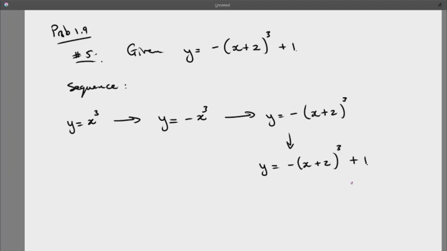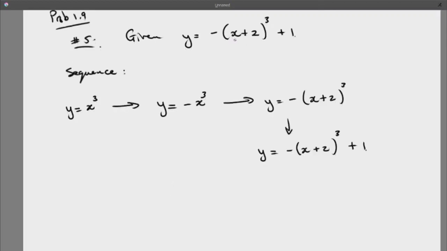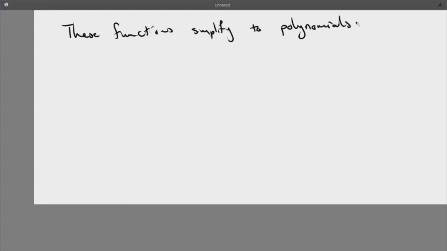There's an x to the 4 basic function. And of course, if I simplify these, I will get an x cubed term, an x squared, an x term, and so on. So these functions simplify, we'll say, to the kind of functions that we call polynomials.